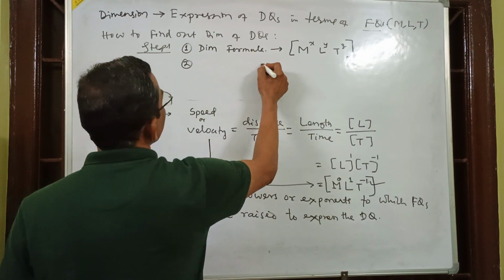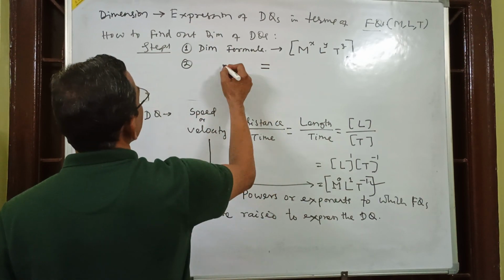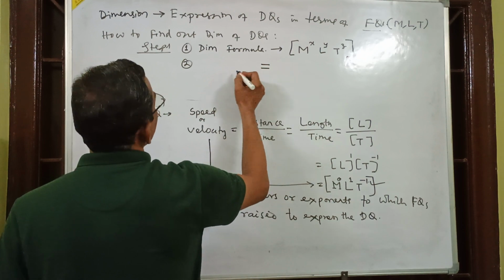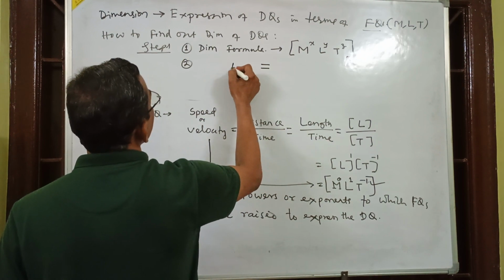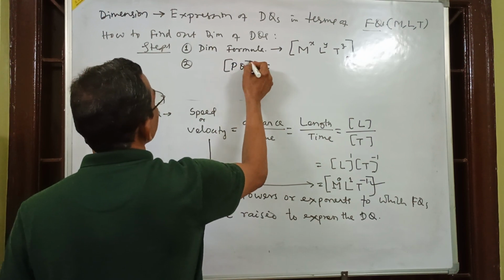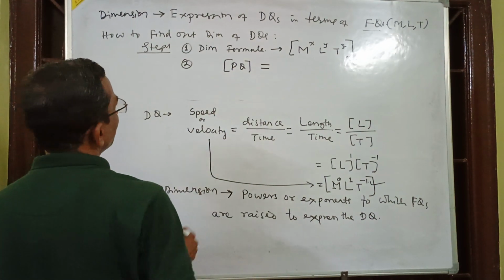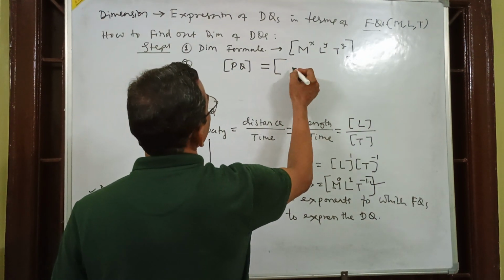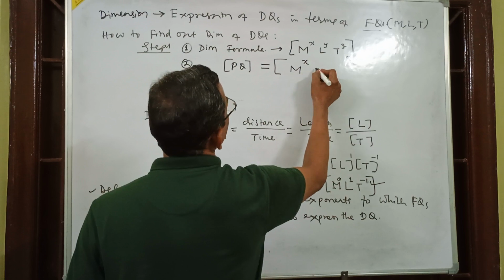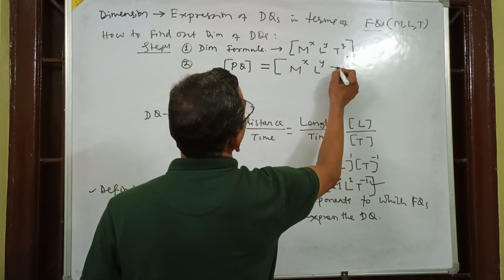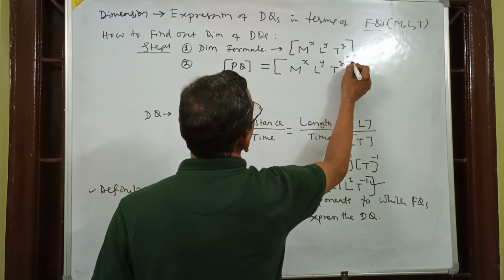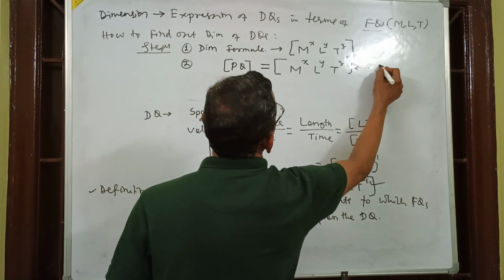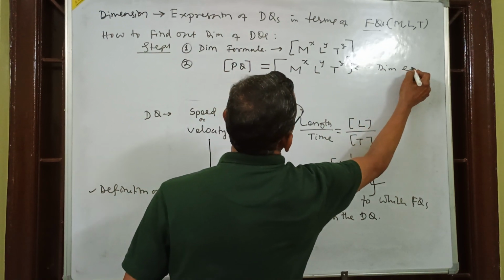Then equating this dimension formula with the physical quantity, the dimension of the physical quantity is M to the power x, L to the power y, T to the power z. This is our dimensional equation.